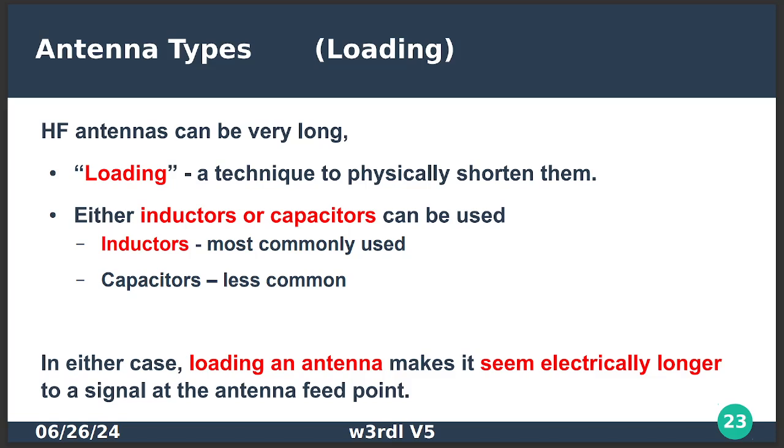Capacitors less common. In either case, loading an antenna makes it seem electrically longer to a signal at the antenna feed point. And this is one of the sections that I used to have trouble teaching when I was in the Navy, was how the loading works. But it's all done in the math.